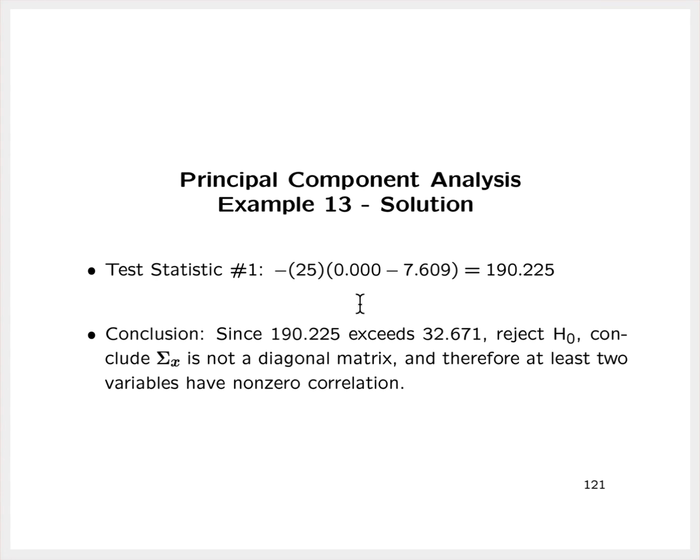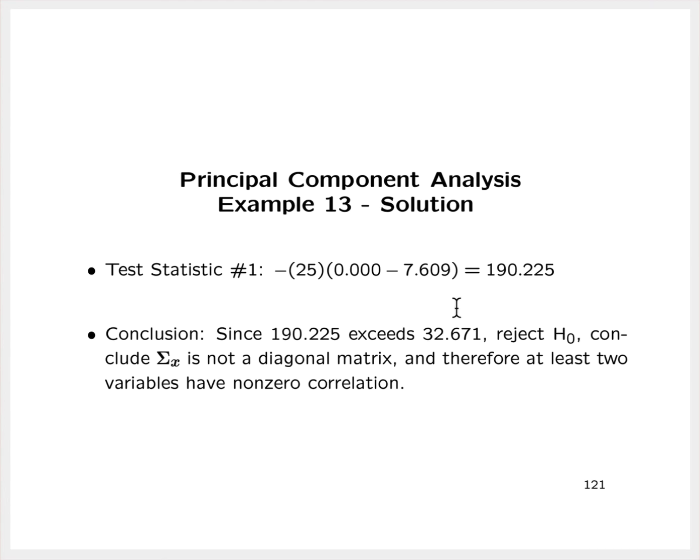Now the value of the test statistic is the log of the characteristic roots of the estimated covariance matrix over the unrestricted form of the entire parameter space, minus the natural log of the product of the estimated variances under the conditions of the null hypothesis. And we'll see why this is 0 in just a second. It turns out that the value of this test statistic is 190.225.